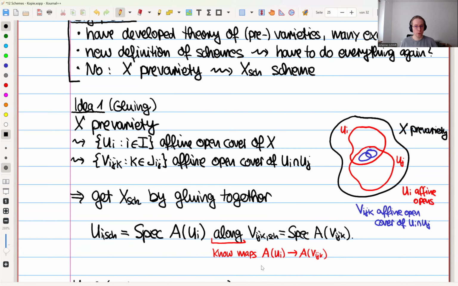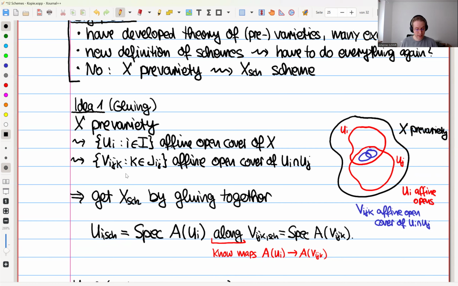So this works. This gives us the desired scheme, and many properties can be checked like this. The problem, as always with these gluing constructions, is that it's not clear a priori that the result will be independent of what affine covers we chose here.